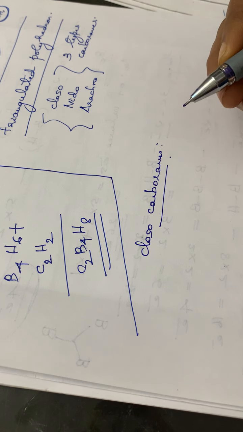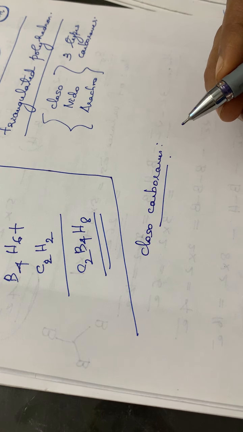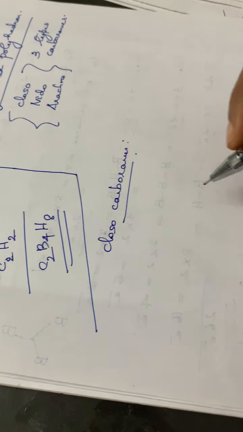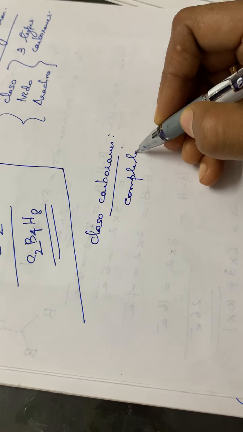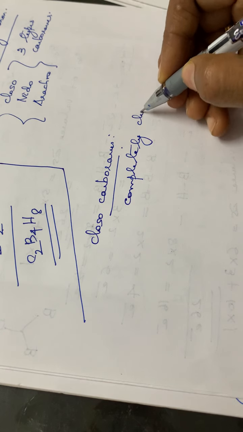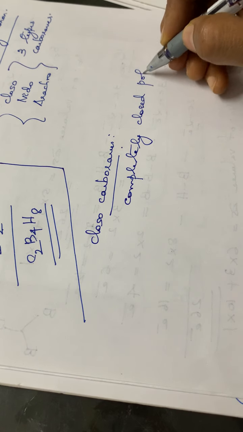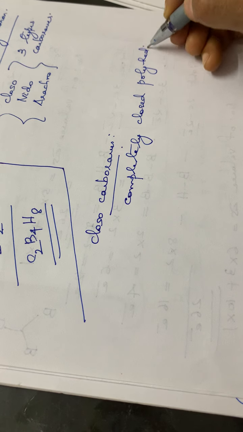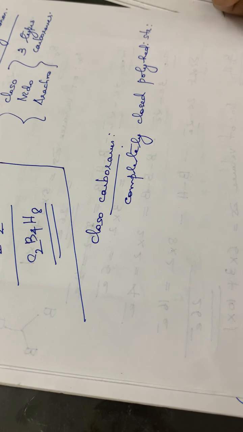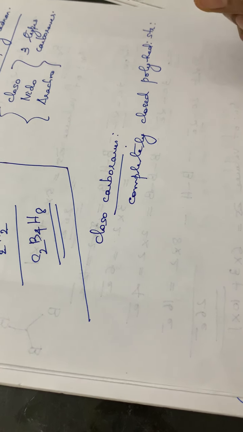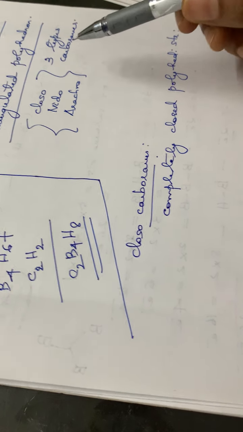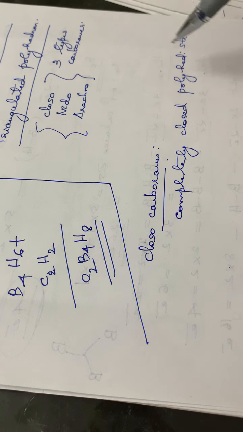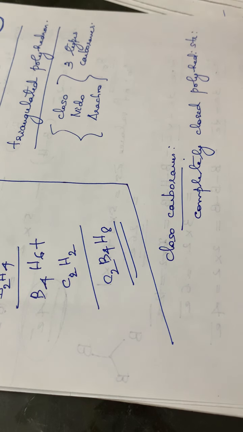The next one, closocarboranes. Closocarboranes have a completely closed polyhedral structure. All the vertices of the triangulated polyhedron are occupied by boron as well as carbon atoms, just like the general case.